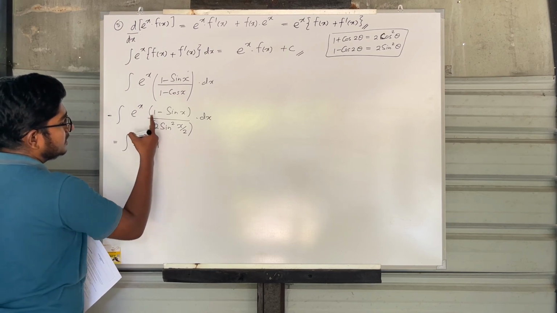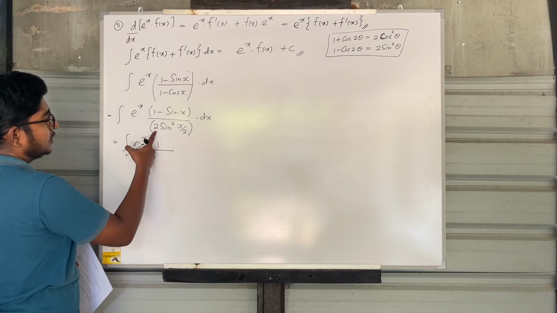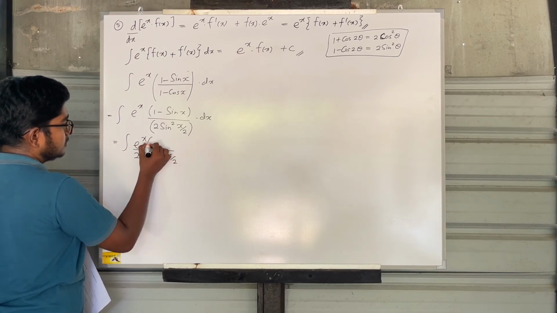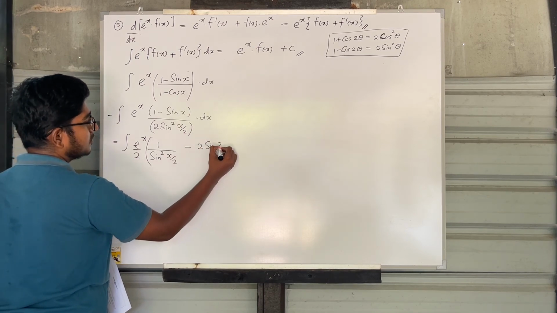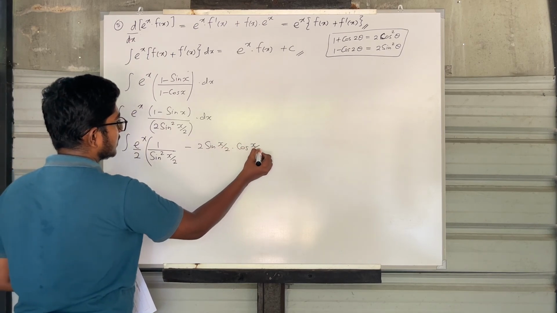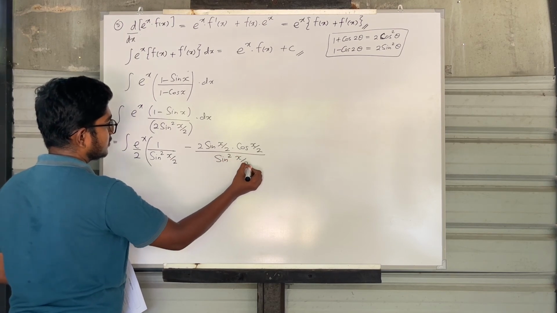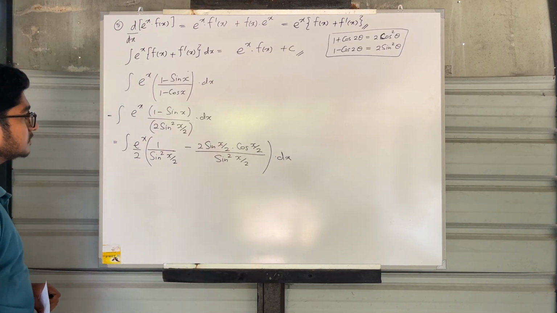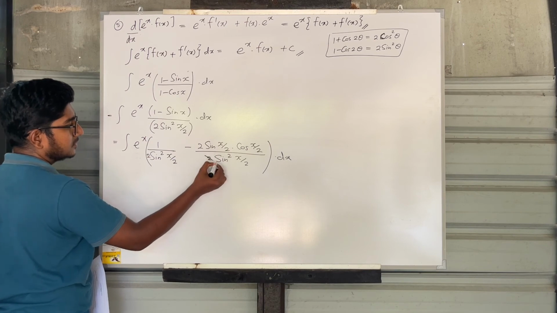Now I can write this as 1 over sin squared x over 2 minus sin x, which can be written as 2 sin x over 2 cos x over 2, divided by sin squared x over 2. මේ 2 එකත් මේ ඇතුළටම දාන්න. එතන 2 cancel වෙනවා.